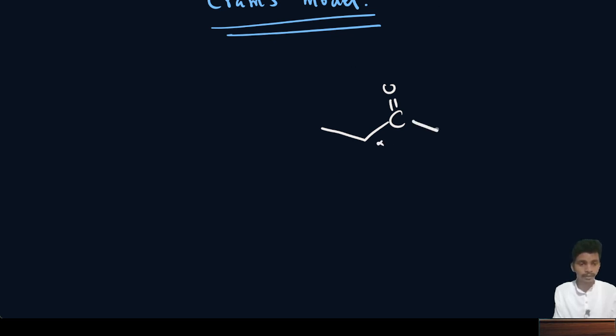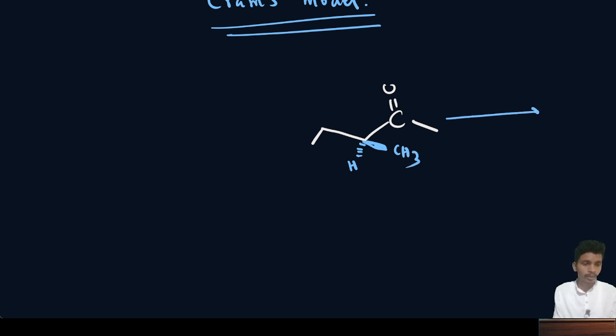If any group is there on this alpha carbon and stereochemistry is mentioned, let's say one is on this side, in the planar molecule, and let's say one is on that side. Let's say we have here H, and here we have the CH3 group.